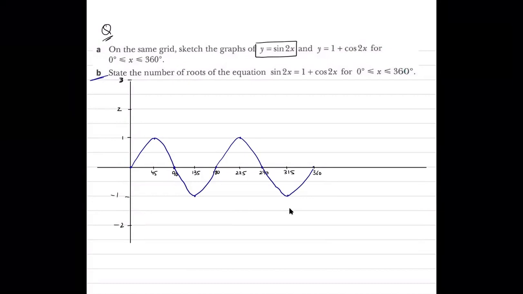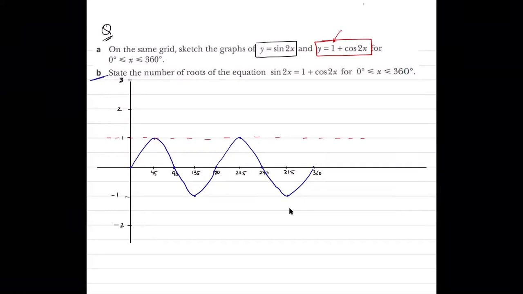Then you are going to draw the graph of 1 plus cos 2x. Now cos 2x also indicates that there are going to be 2 cycles in 360 degrees, but the axis of rotation is 1. I'm just going to draw a dotted line to indicate my axis. Now you can use a calculator to do this as well.